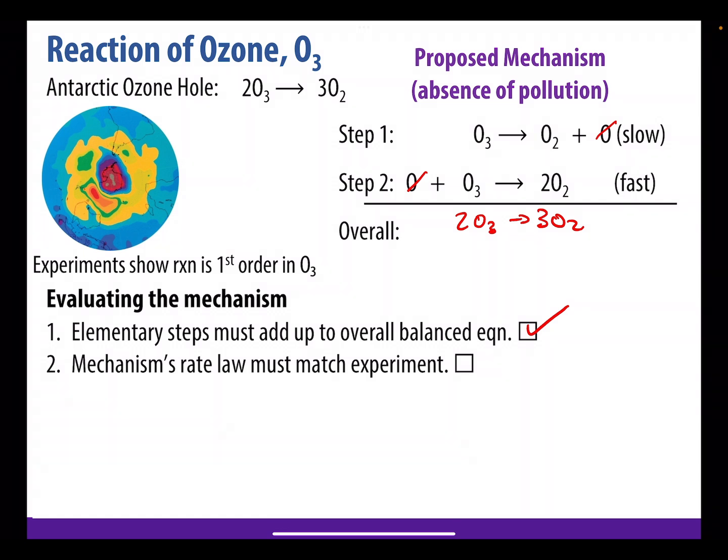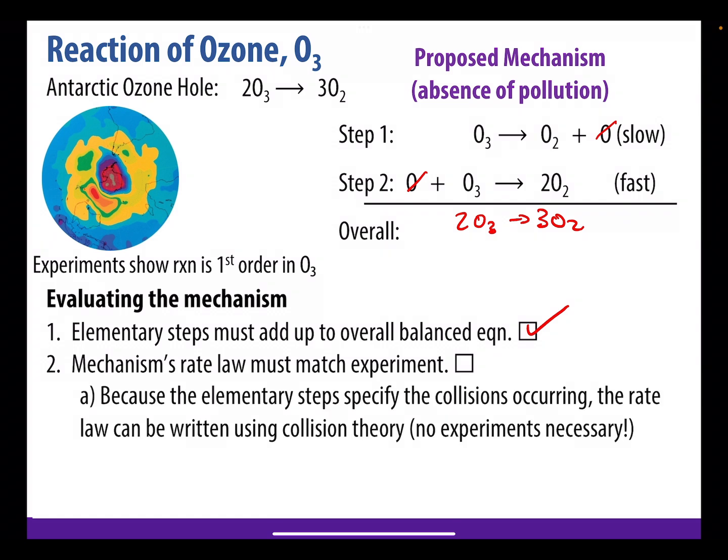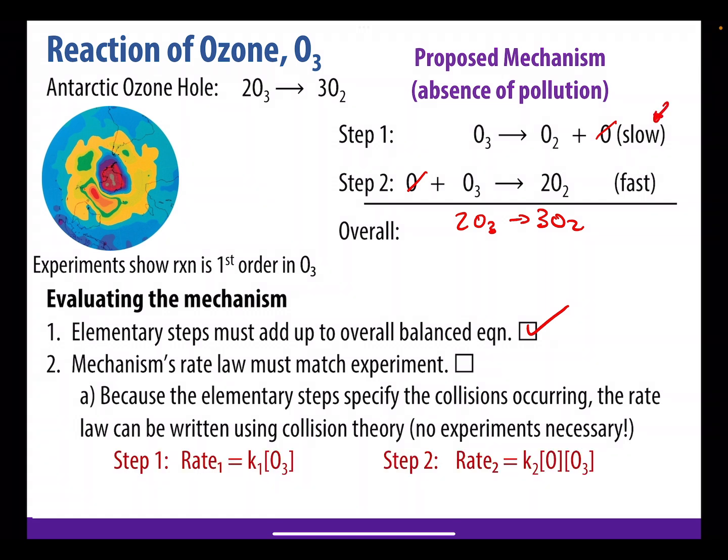Next, the mechanism's rate law must match experiment. This is where we have to use that rate determining step idea. The elementary steps specify the collisions occurring, so we can just use collision theory to write the rate law. The rate law predicted by this mechanism is, since step 1 is the slow step, the rate of each step. We've done that before. The rate of step 1 is equal to k1 times [O3]. The rate of step 2 is k2 times [O] times [O3].